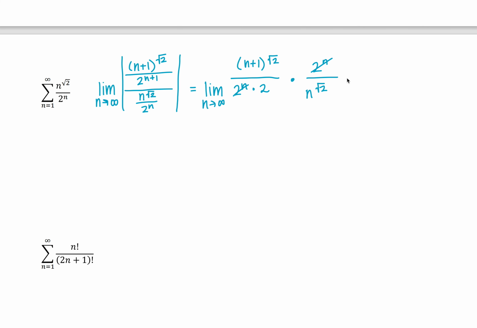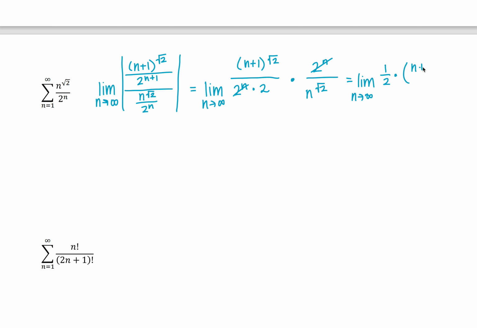What I'm going to do is write the limit as n approaches infinity, and that 2 in the denominator I'm going to pull out as a 1/2. And then n plus 1 to the square root of 2 over n to the square root of 2. I'm going to write that as a single fraction raised to the square root of 2 power.